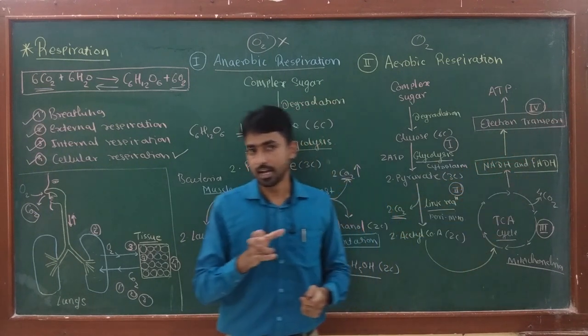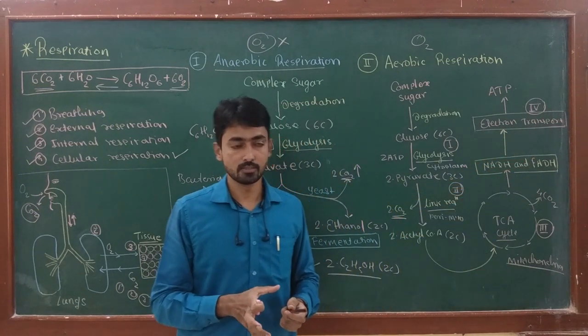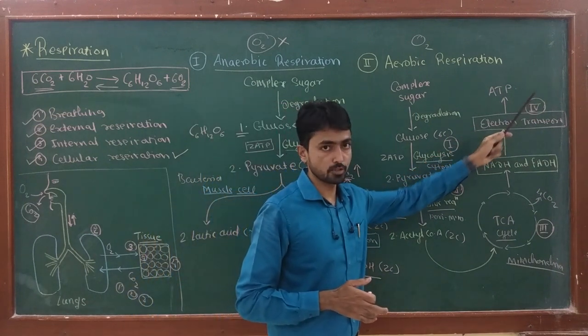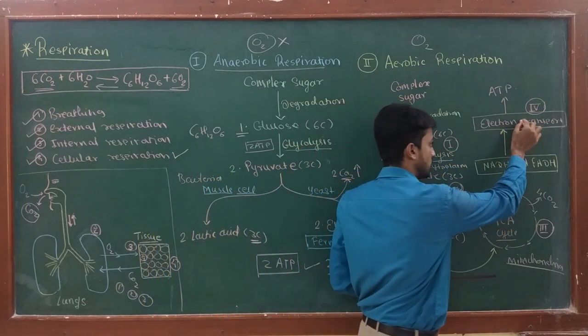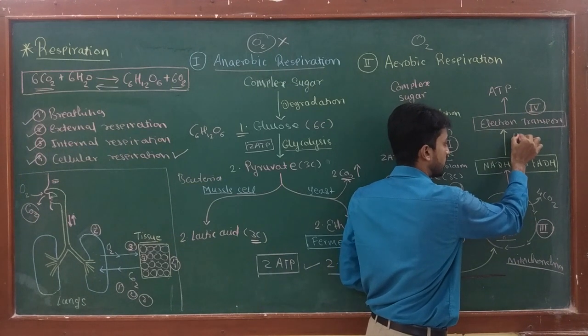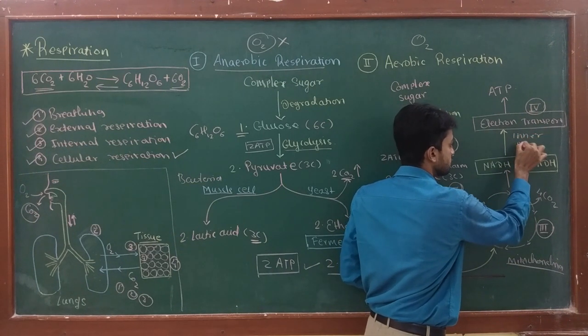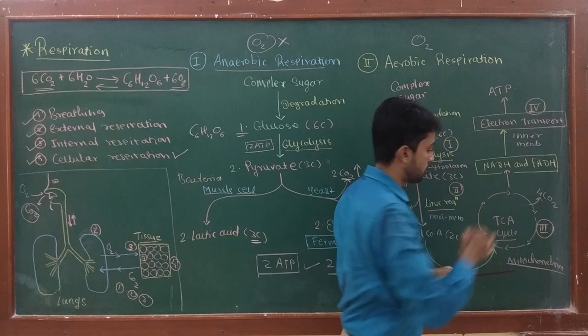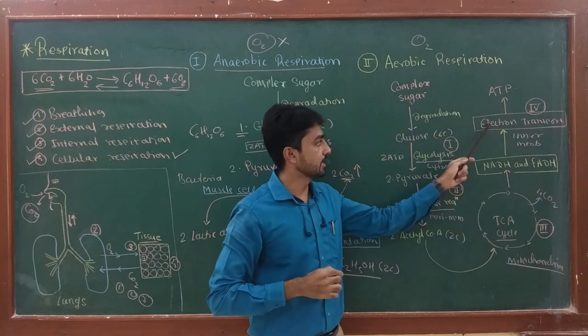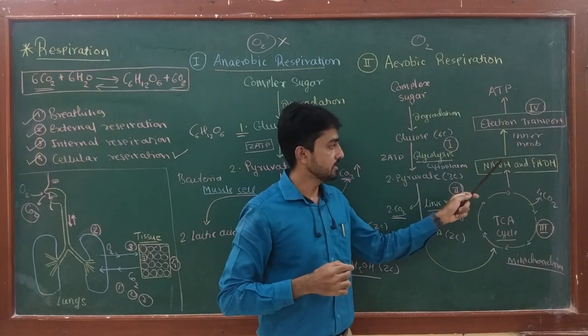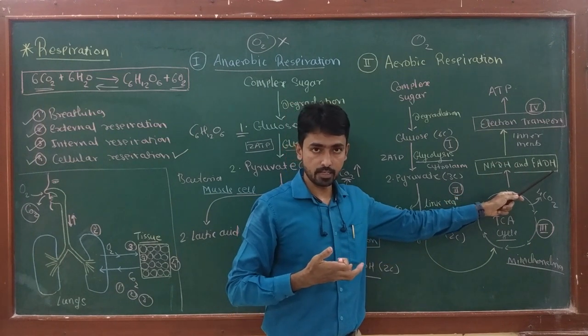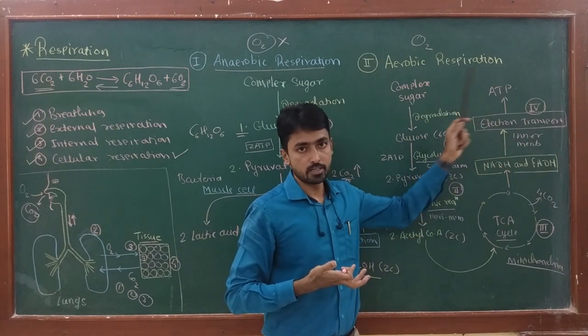This chain is similar to that of the light reaction of photosynthesis. The electron transport chain is the fourth stage of aerobic respiration, which occurs in the inner membrane of mitochondria. In the electron transport chain, energy is released due to breakdown of these electron carriers, and ATP is generated.